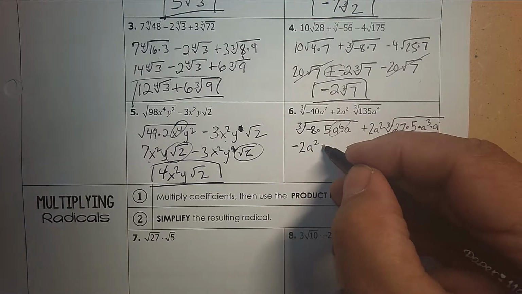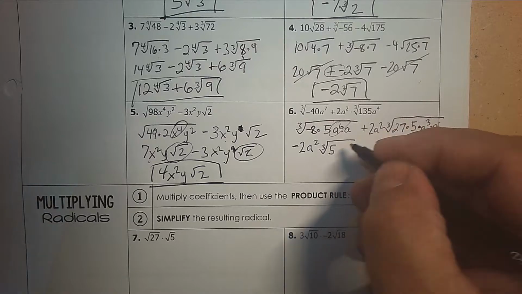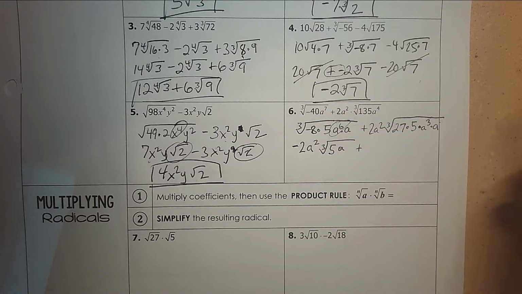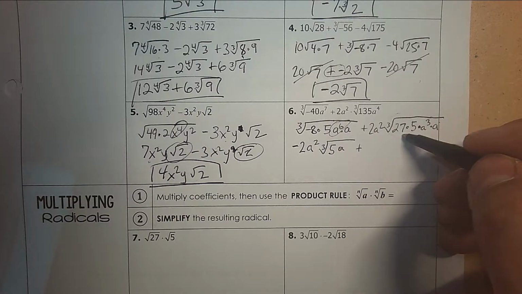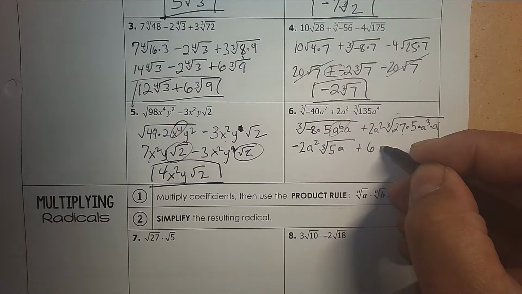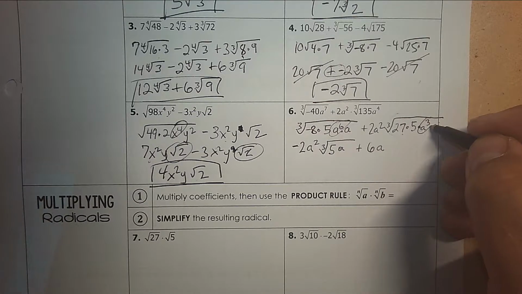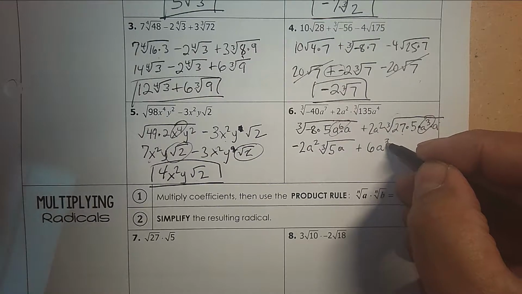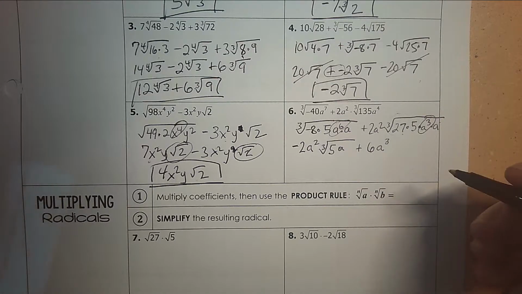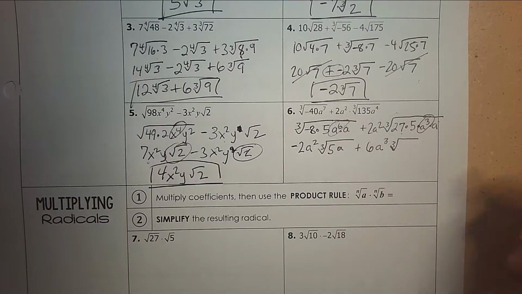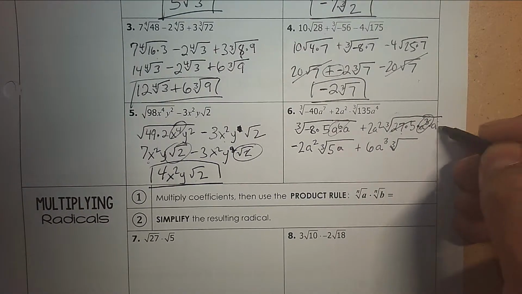And then what's left underneath is 5a. For the second one, the cube root of 27 is 3 times the 2 in front is 6. The cube root of a cubed is a times the a squared in front makes it a cubed. And then what's left behind is the cube root of 5a.